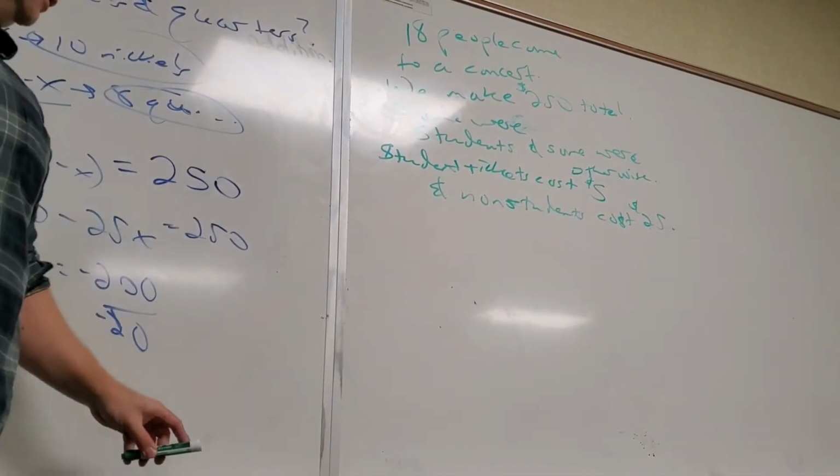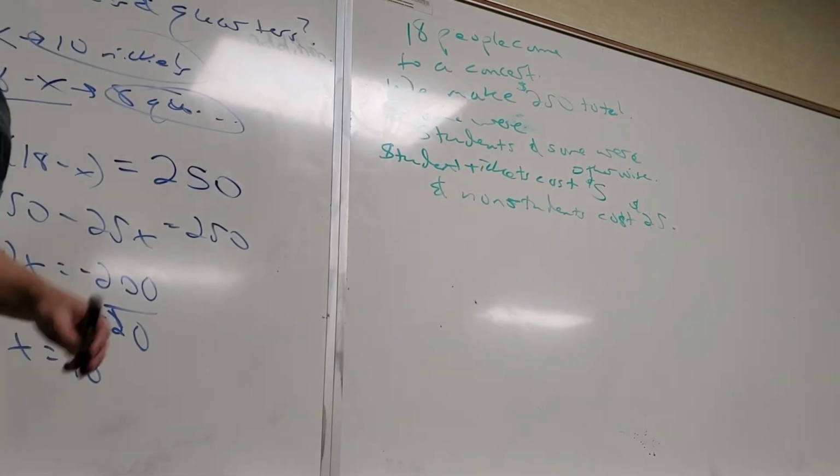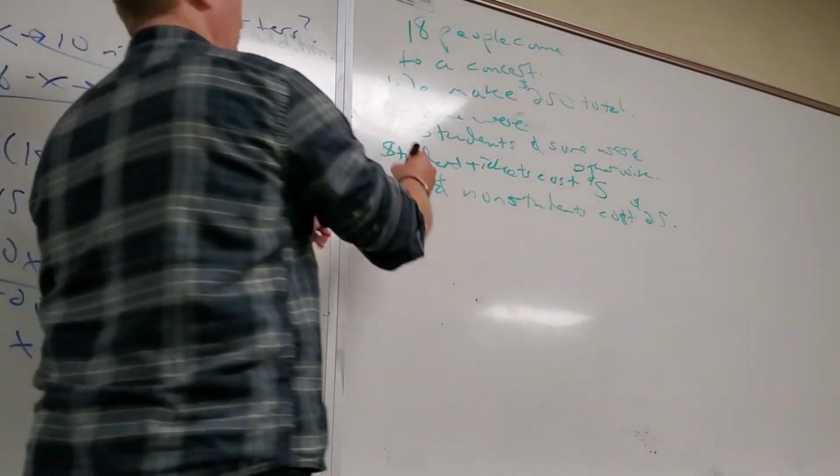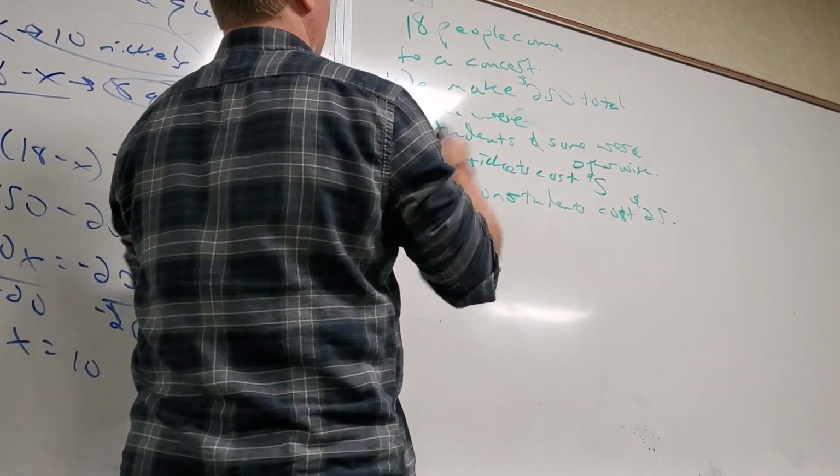That's a discount. So, what is it that's not known? What am I going to ask you? I didn't really ask you a question yet. How many of each came?